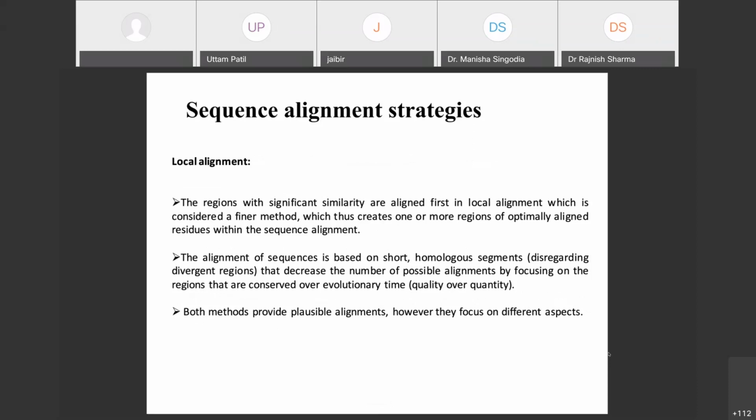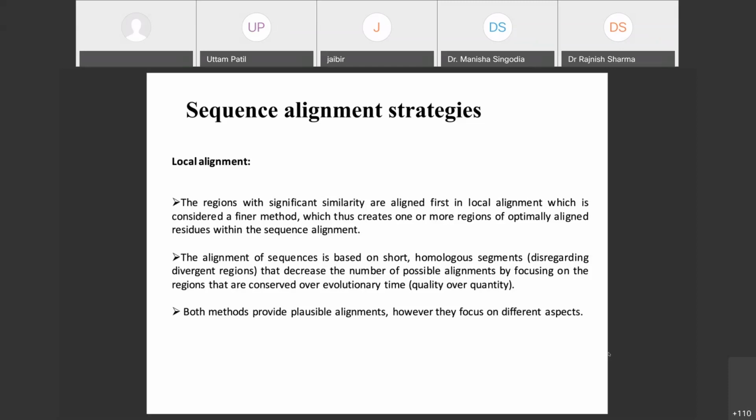So in local alignment, the regions with significant similarity are aligned first, which is of course considered a final method, and then you create many regions of optimally aligned residues within the sequences. The alignment of sequences is based on short homologous segments that decrease the number of possible alignments by focusing on the regions that are conserved over evolutionary time.